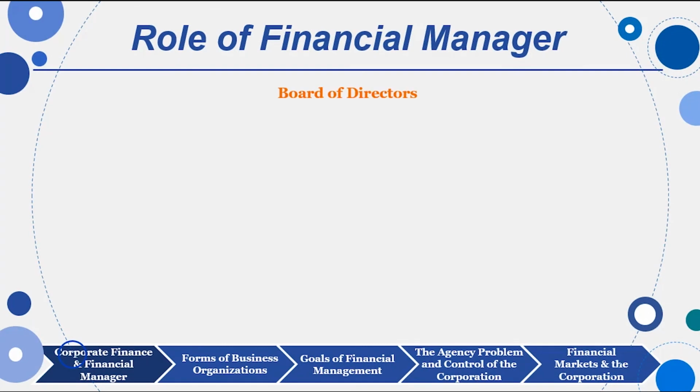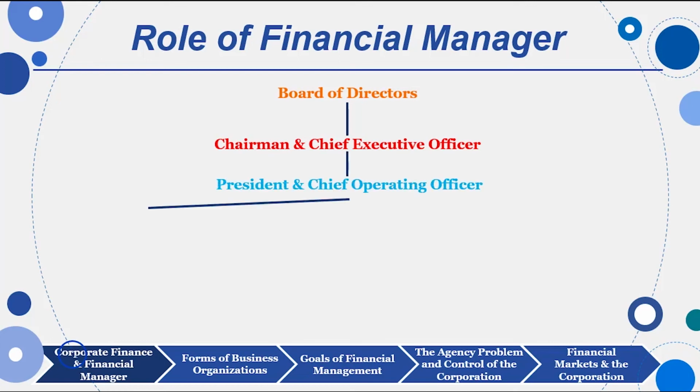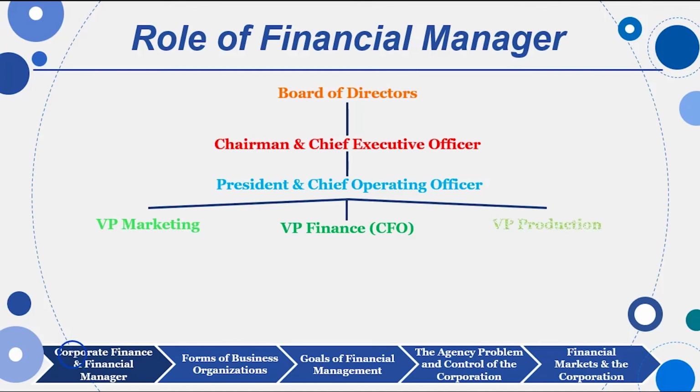What's the overall role of financial manager? So you'll see in this chart what's known as an organization chart of where the financial manager sits in the hierarchy below the board of directors, below the chairman and CEO, below the president and COO. You'll see a VP of finance, CFO, VP of marketing, and VP of production. Under the VP of finance, you have a treasurer and a controller.